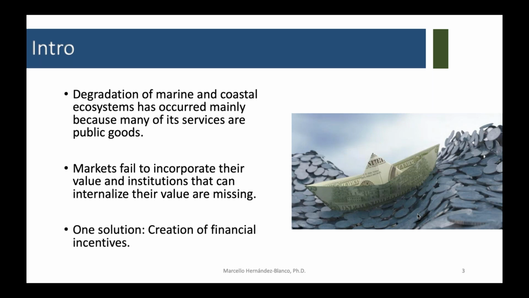So one straightforward solution would be creating financial incentives, financial mechanisms and new institutions. But this is just one solution. It's not that payment for ecosystem services or market-based or financial mechanisms are the only or best solution.